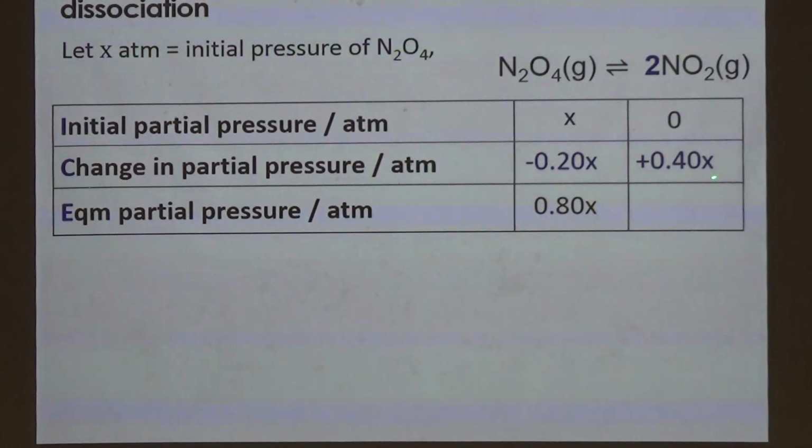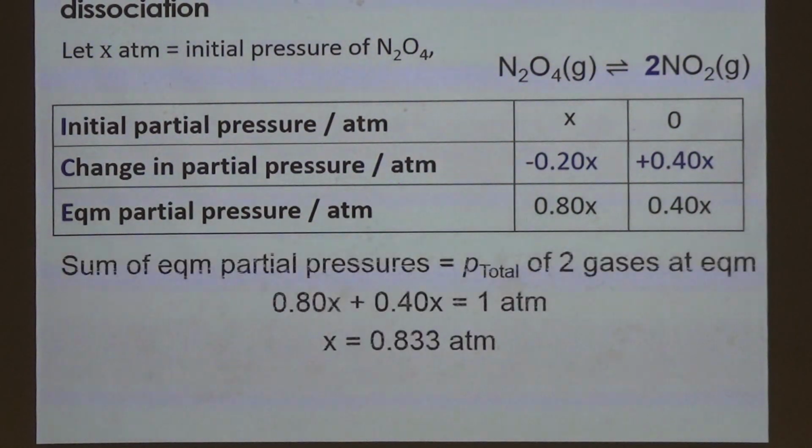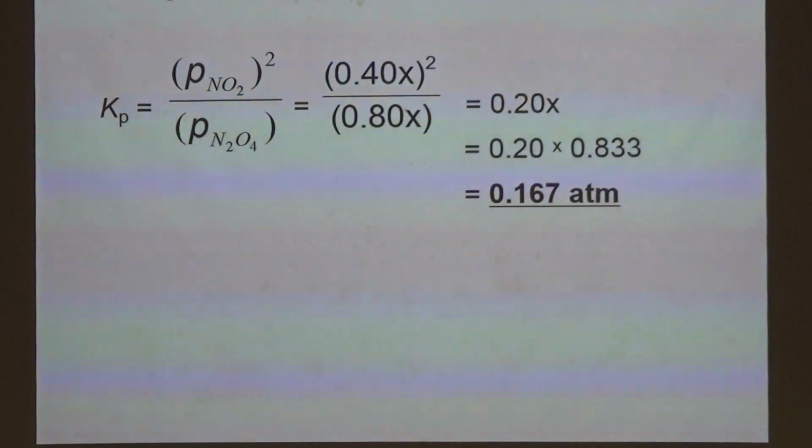The change in pressure of NO2 is going to be 0.4x, which means that the equilibrium partial pressure of NO2 is going to be 0.4x atm. The sum of equilibrium partial pressures equals the total pressure. So solve for x, which equals 0.833 atm. Substitute it into your Kp expression, you get 0.167 atm. Very similar to what we saw in the previous part.